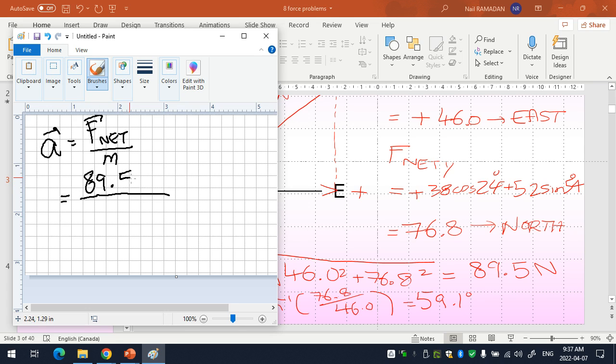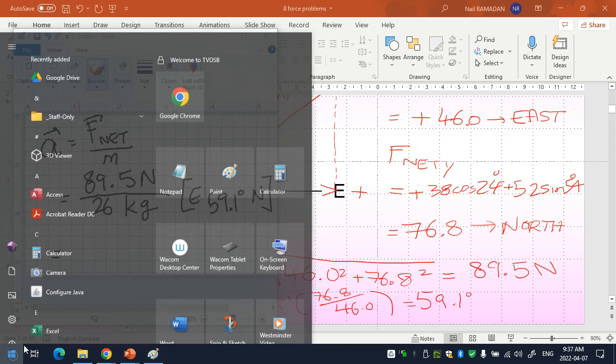So I divide the 89.5 newtons. And the angle, since it's always got to be horizontal, is east of north, which is 59.1. And the mass is 26 kilograms. Obviously, you don't have to write units, I'm just doing it today.